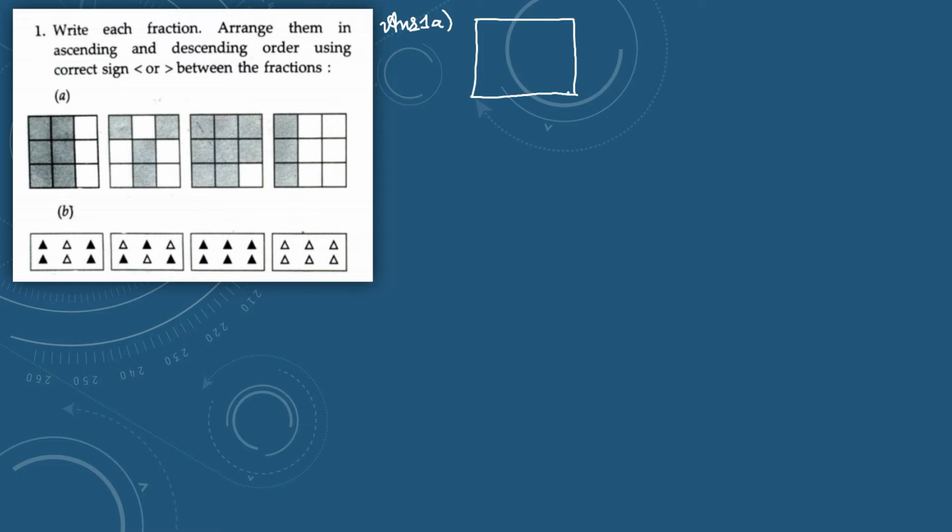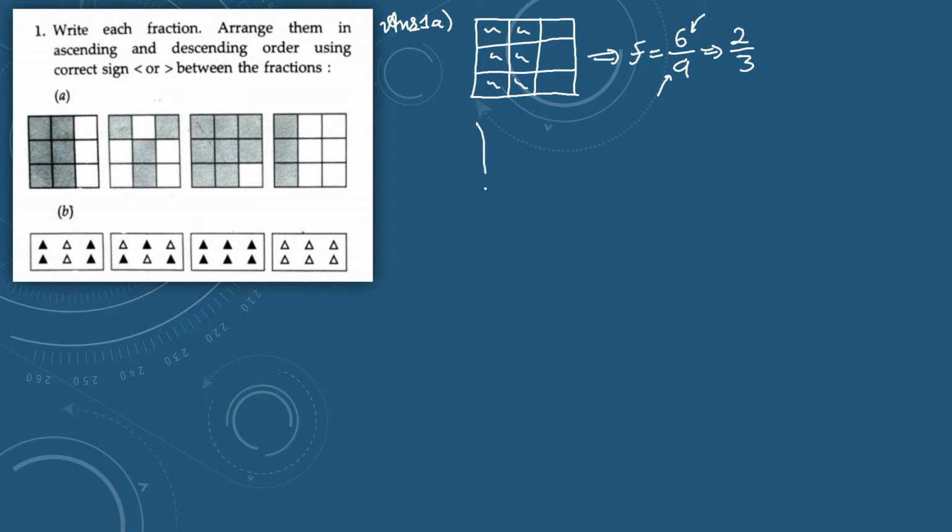All the figures have a total of 9 squares and some of the squares have been shaded, as you can see in the diagram. In the first figure, 6 squares are shaded. So the fraction of shaded squares would be 6 upon 9, that is the number of shaded squares divided by the total number of squares, which will be equal to 2/3.